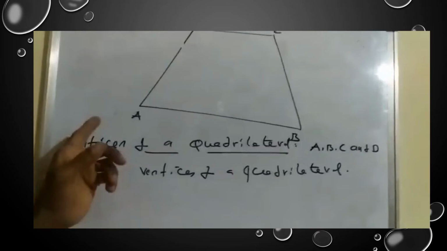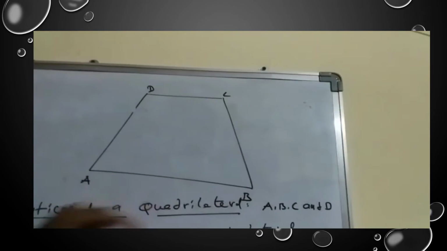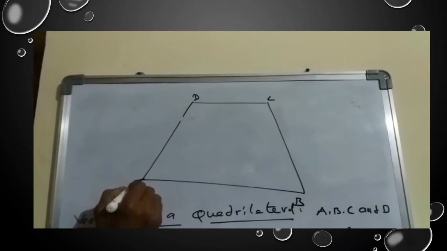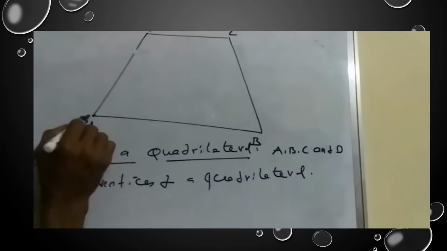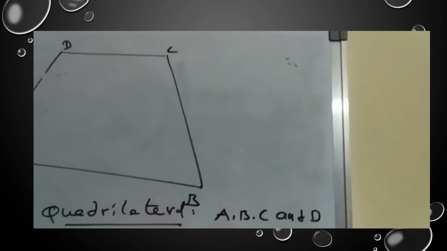What about the vertices of a quadrilateral? Where two line segments meet at a point, a vertex is formed. So vertex A is formed. Here two line segments meet at a point, then B is formed.